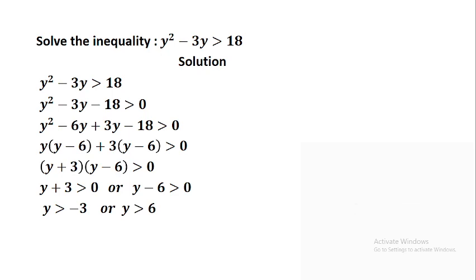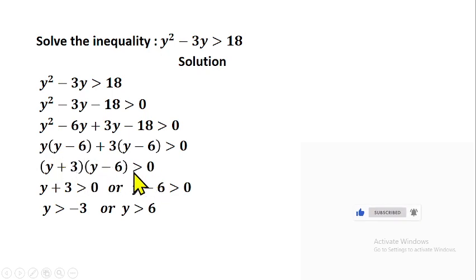So in that case, these two numbers will now replace minus 3y here. So you have y squared minus 6y plus 3y minus 18 greater than 0. Factorize this, you have y into y minus 6, plus 3 is common to this, you have plus 3 into y minus 6 greater than 0. Then y plus 3 will come together with y minus 6 greater than 0.